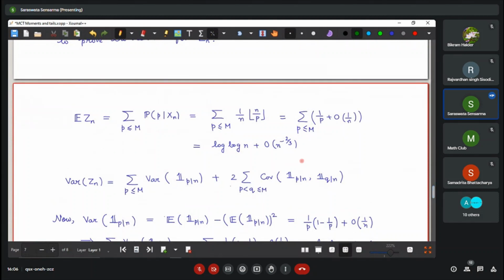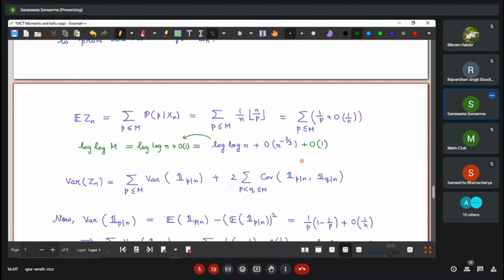I sort of tricked you there, maybe not tricked, you probably know it. This should be log m, but log m is log n plus O of 1, because n to the 1/3 and n have the same log n. That contributes an extra O of 1, but that doesn't matter.